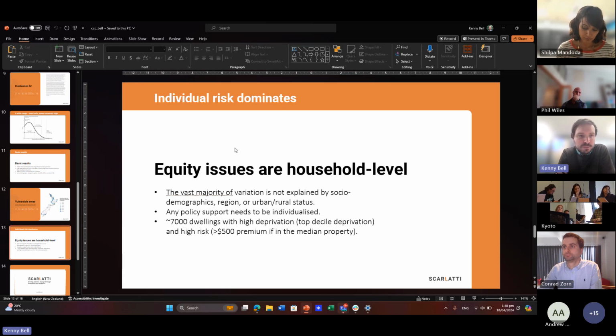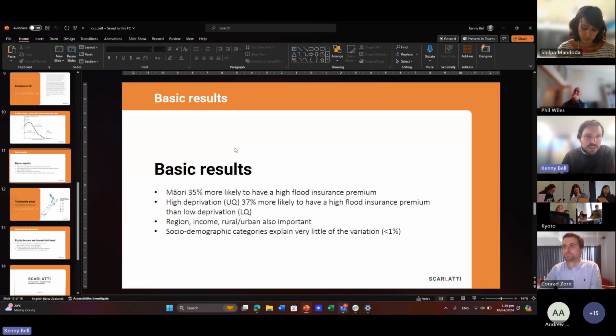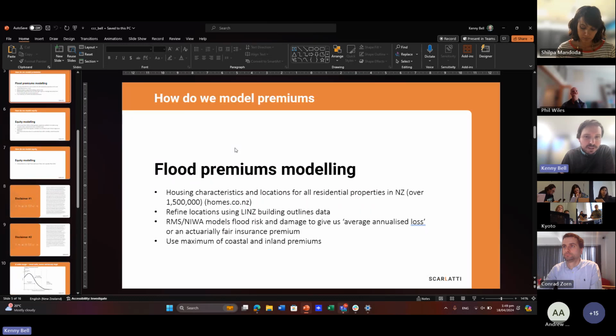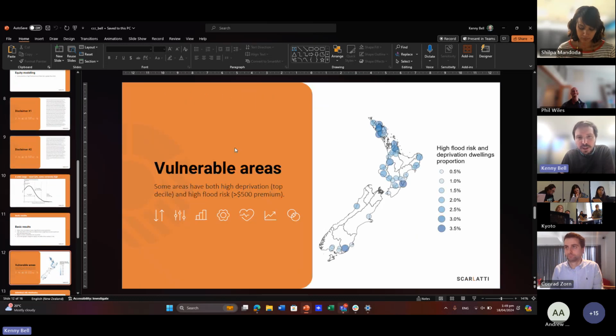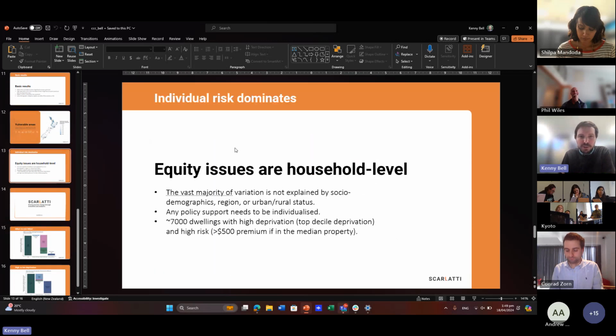It's fine enough to say Māori are overrepresented here, as well as in many other statistics, but any support for flood risk has to be down to that household level. And ideally, if budget is an issue, and I'm sure it is, targeting those high deprivation areas or households.